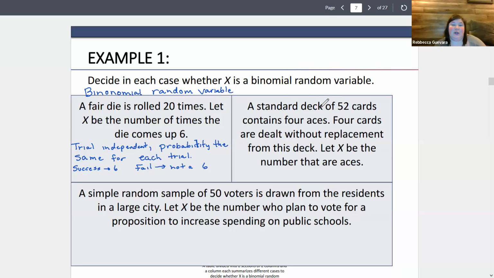A standard deck of 52 cards contains 4 aces. The 4 cards are dealt without replacement from the deck, so we let X be the number of aces. If we have no replacement, that means that the trials are not independent.